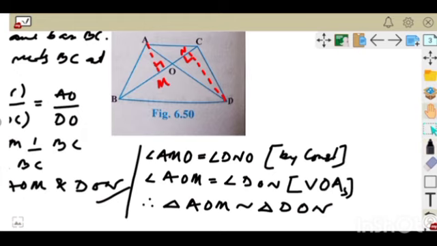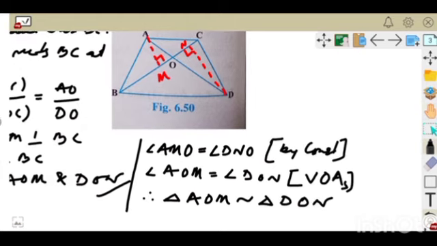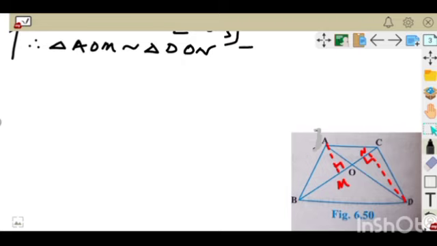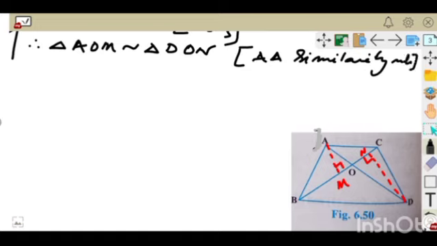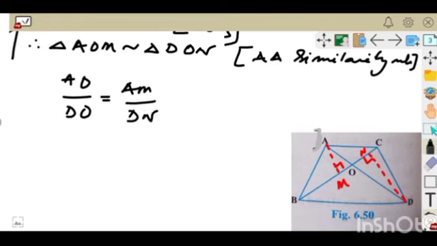Below that, I'm going to write AA similarity rule. So now I can write AO by DO equals AM by DN, and here I'll give equation 1.